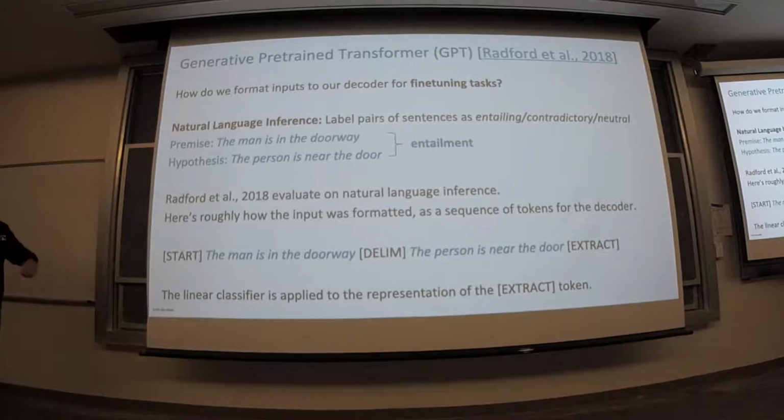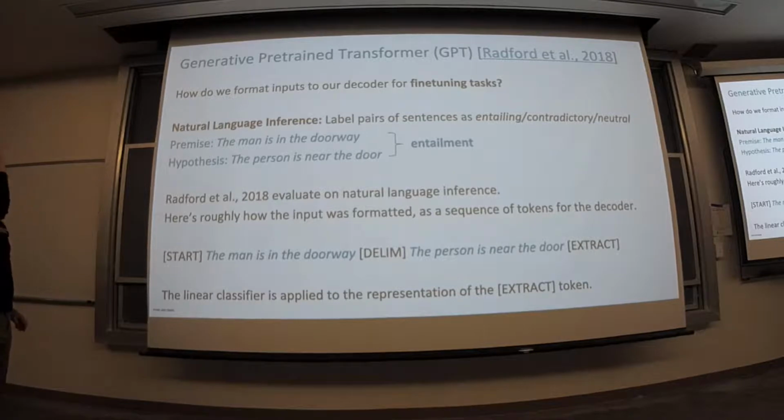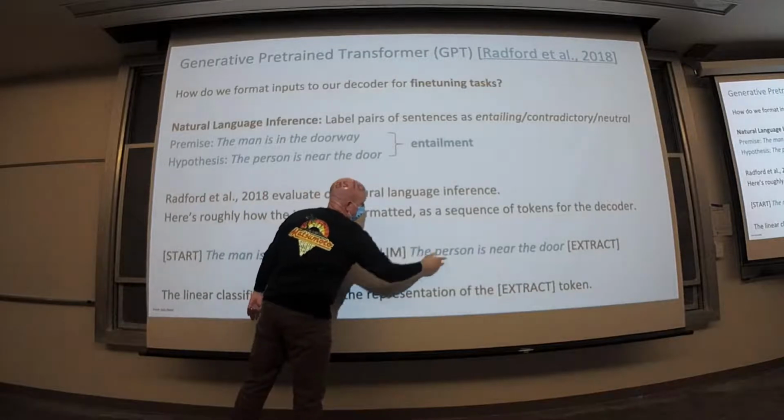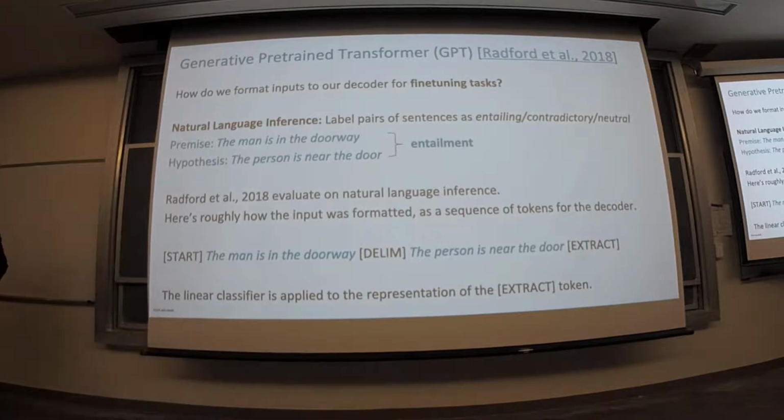And the way that you do this, what's shown here, is doing these at each of these. It's very much like all the other tasks that you're seeing. Producing the correct thing here is again just like classifying, predicting the most likely token to follow. So anyway, GPT is a generative model that does a really good job at producing sequences of tokens that have good semantic content over long stretches of tokens.